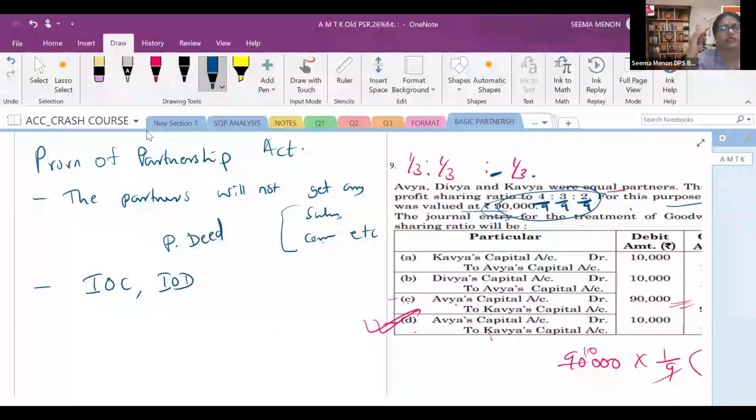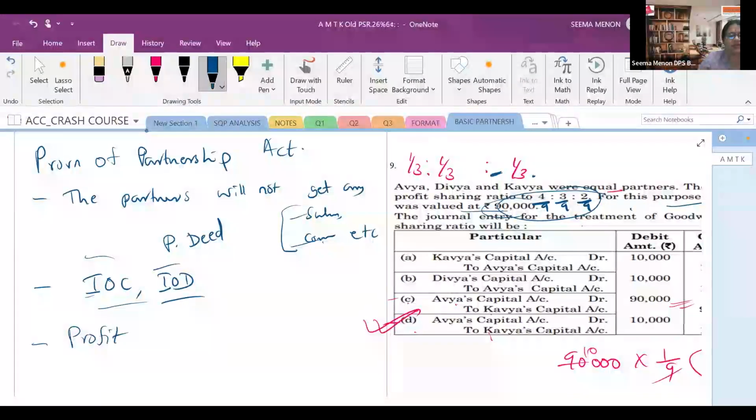Until and unless it is mentioned in the partnership deed, we have to always follow the provisions of the Partnership Act. What is the provision? Provision means few rules. The rule is that partners cannot demand salary or commission. They cannot demand interest on capital, and they cannot demand interest on drawings. Next one is their profit sharing ratio.